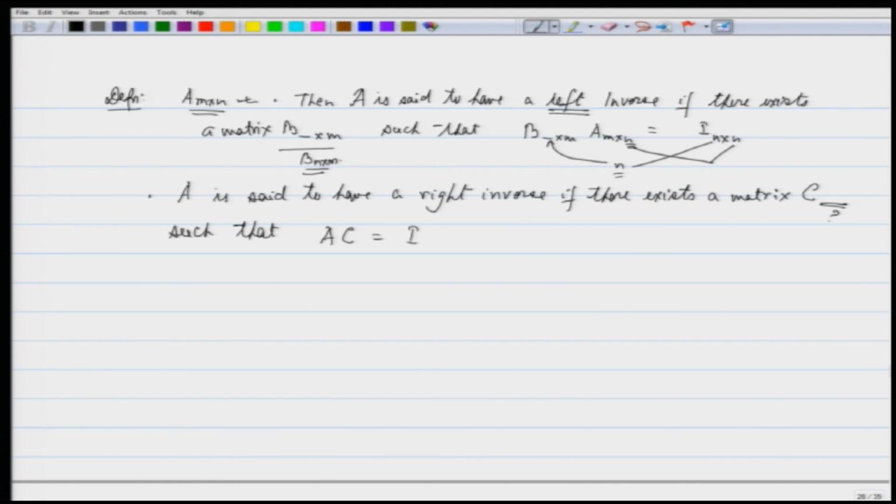What is the size of this? Since A is of size M cross N, M has to come here. So, therefore, it has to be of size M cross M. So, from there you can define what should be the size of C as such.